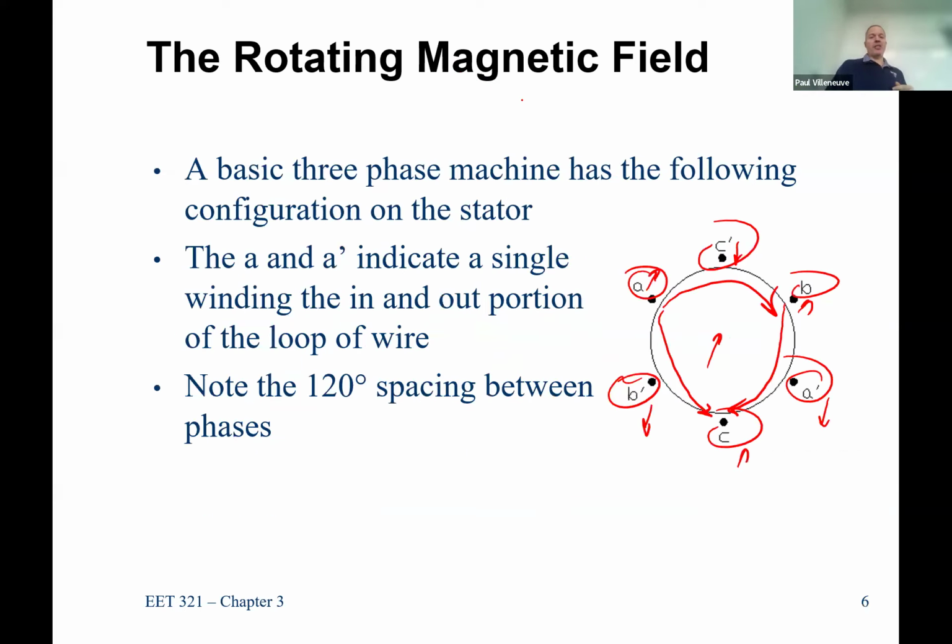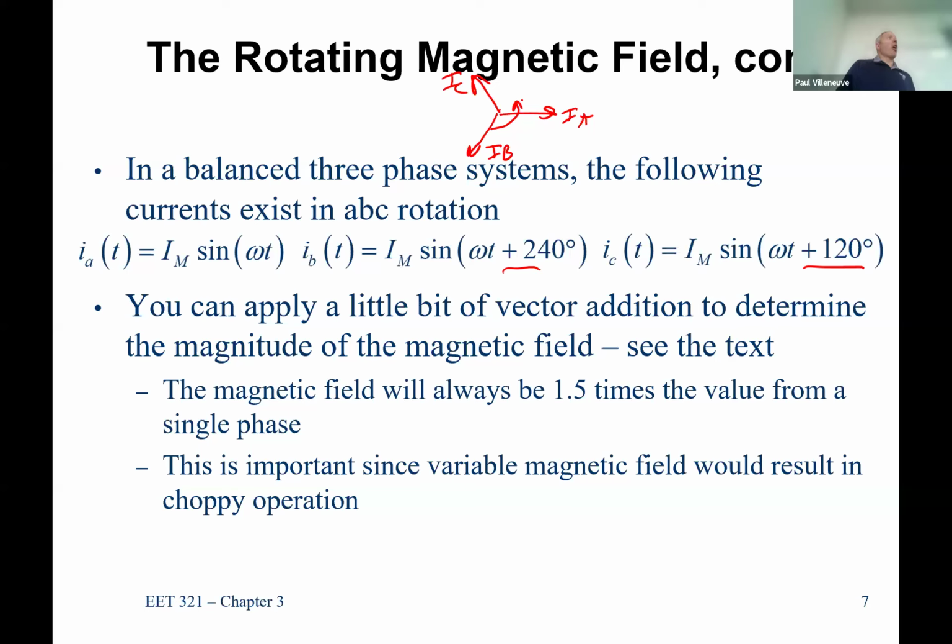So you have 2 things here. You have the physical windings separated by 120 degrees mechanically, and we also have the electrical currents separated by 120 degrees. But there's no mechanical with the electrical currents. It is only electrical separation. So we have to start understanding that there's a huge difference between mechanical and electrical.